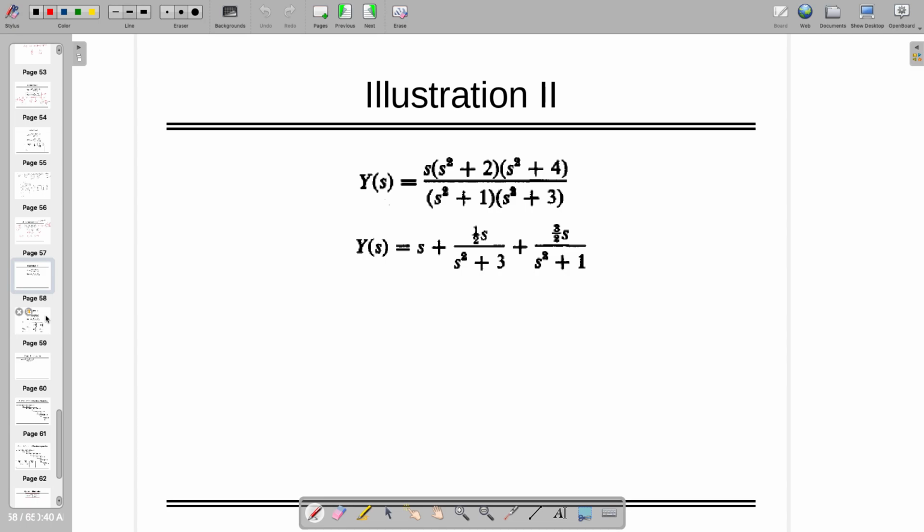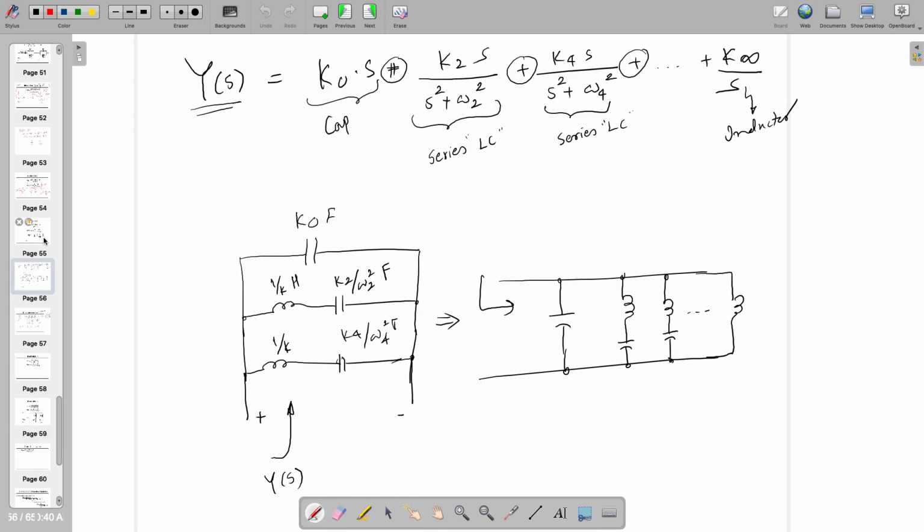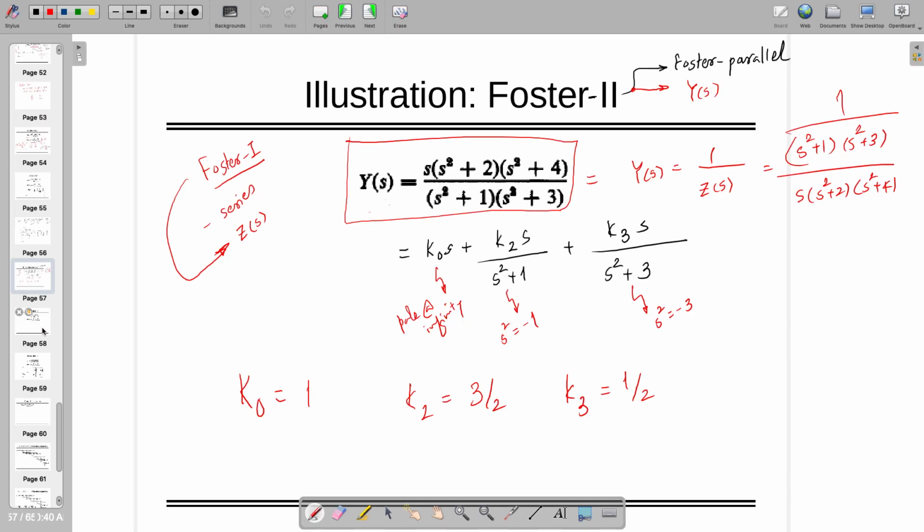So what about the constant term? 0, because the numerator has higher order than the denominator. One order is higher, that's why we are keeping K0 s. If the denominator has higher order, then you have to keep K0 divided by s plus the rest of the things.